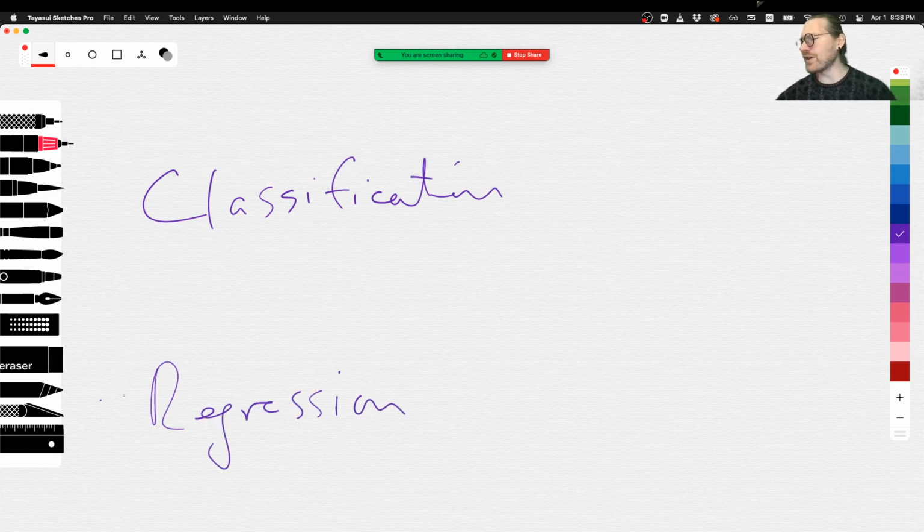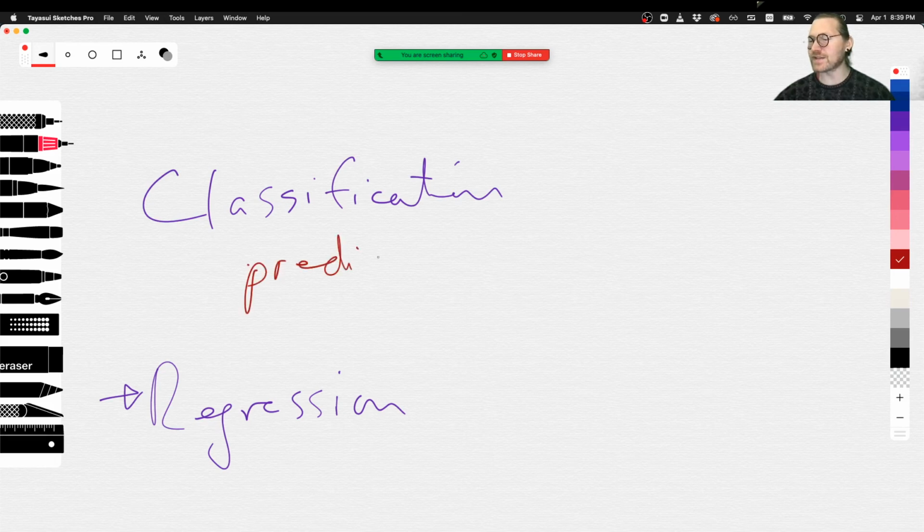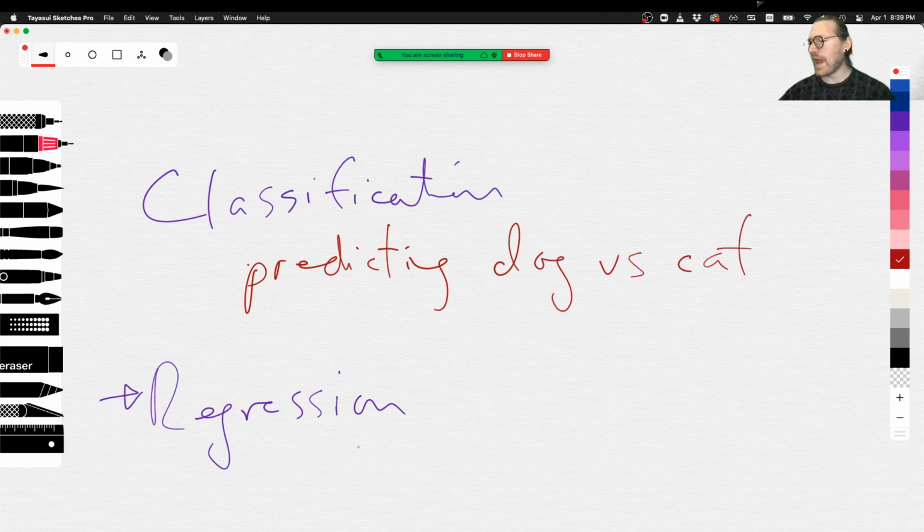It's kind of unfortunate that we use this word regression here because there's a thing called a linear regression, and that's not what I'm referring to here, although a linear regression does do the thing I'm referring to here. But when we think about classification, we're predicting a class, right? We're predicting it's either a dog or it's a cat. And with regression, we can think about it in terms of predicting, let's say, the value of a stock.